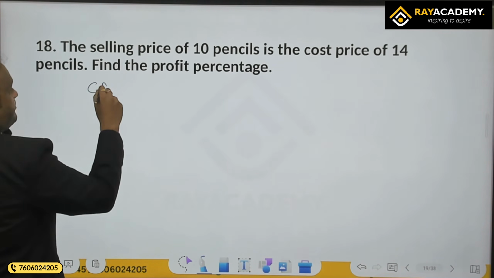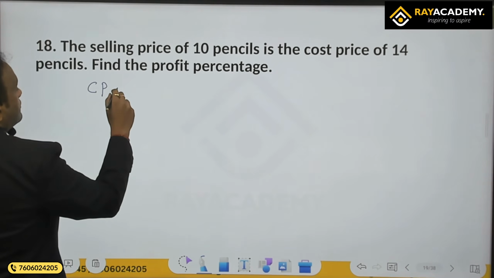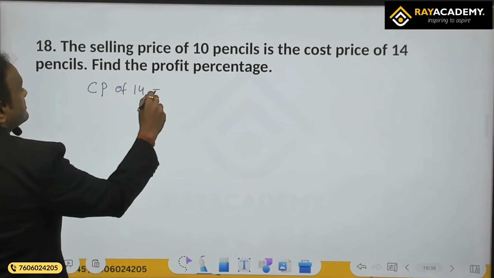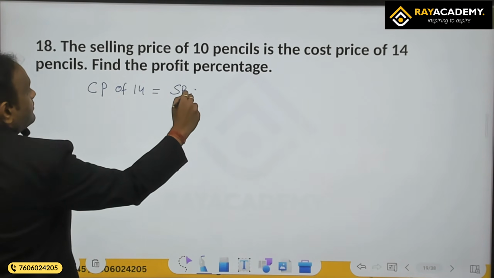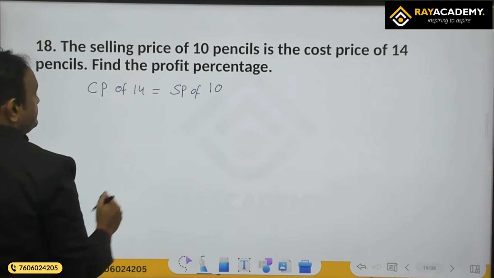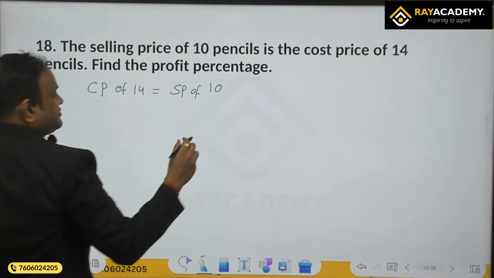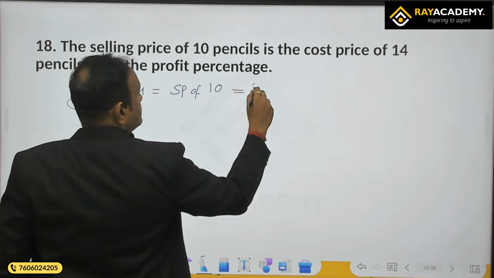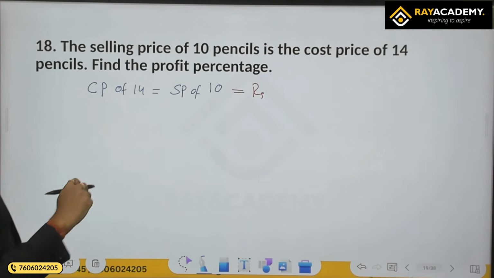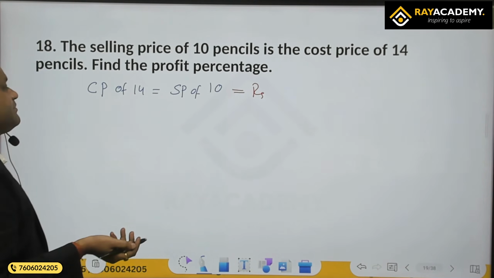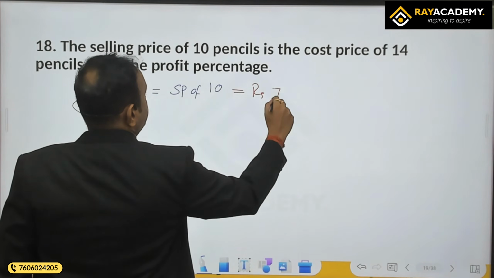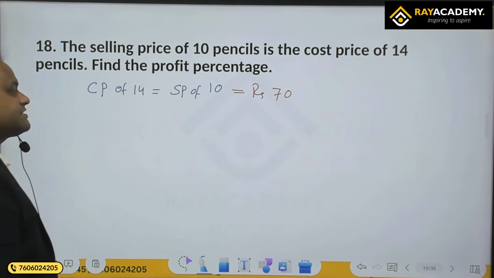Cost price of 14 is equal to selling price of 10. Let's say I assume both are equal. For 14 and 10, if we take the LCM, let's say it is 70 rupees. We can assume anything.